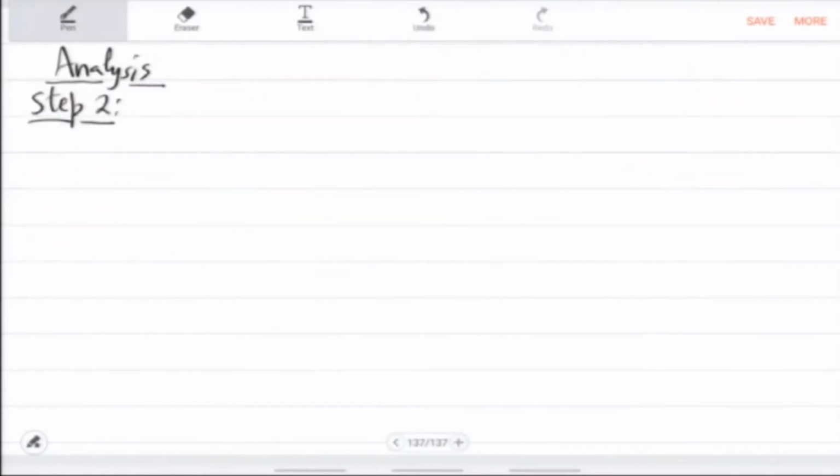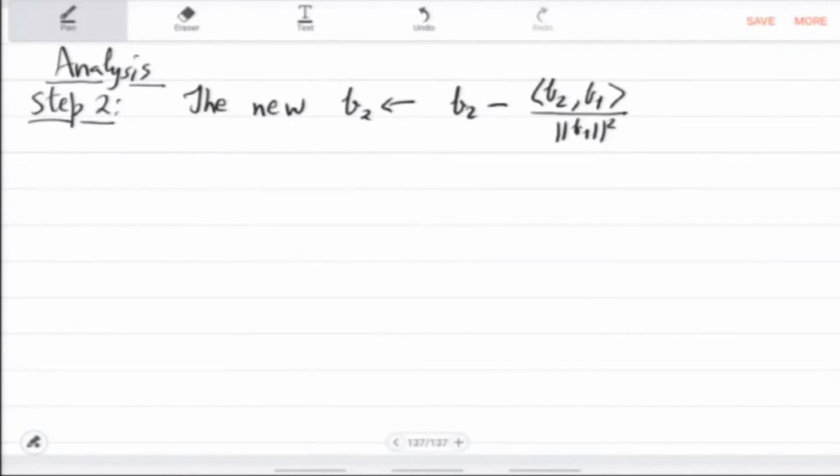So the new B2, for example, is B2 minus this projection constant rounded off, times B1. This is the new B2.